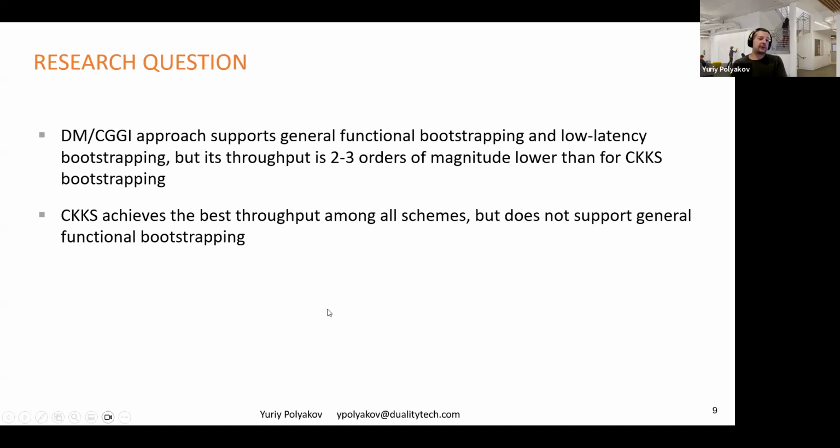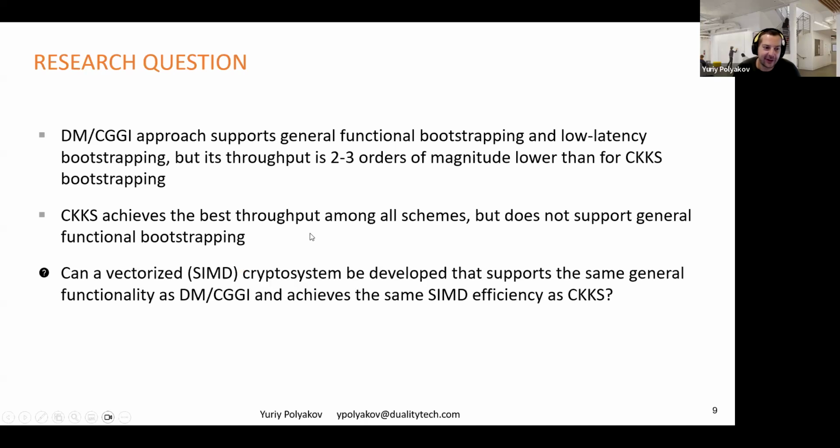Then, on the other hand, we have CKKS, this approximate scheme that can achieve much better throughput, but does not support general functional bootstrapping. And the interesting question is, could we develop a vectorized cryptosystem, meaning a SIMD cryptosystem, that can support both the general functionality of TFHE schemes and still achieve the same SIMD efficiency as CKKS?